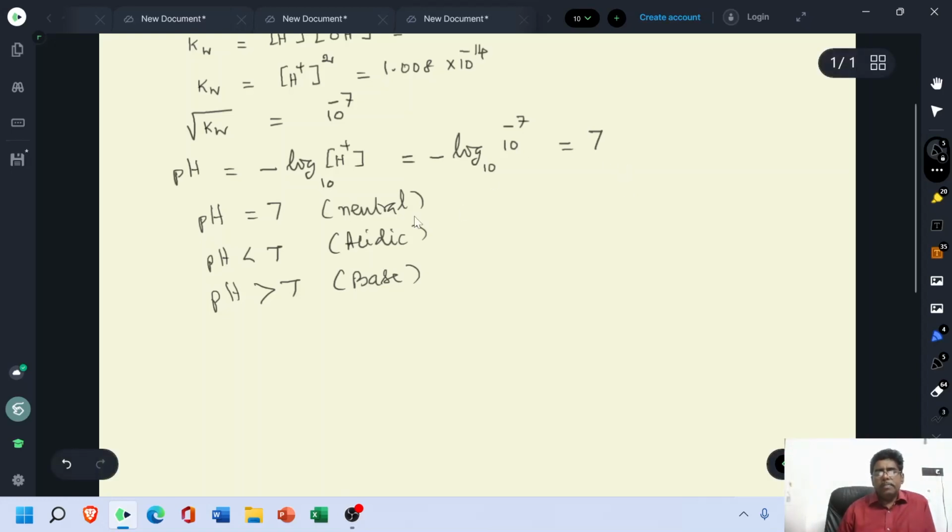If I say neutral, this implies that the number of H plus ions should be equal to the number of OH minus ions. If it is acidic, H plus ions should be greater than OH minus ions. If it is base, the hydroxide ion number should be greater than the hydrogen ion number.